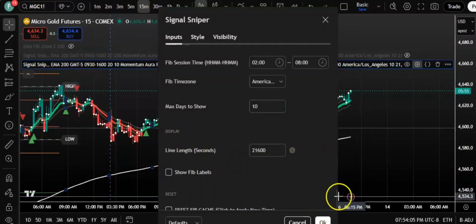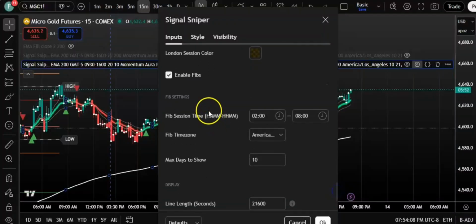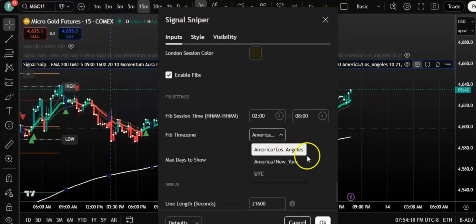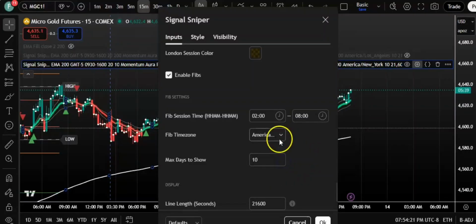And now we just got to set up the fibs. So the fib session, you can do either Los Angeles or New York time, it doesn't matter which one you choose. For example, I'm on Los Angeles time, but I could use New York time if I want to.